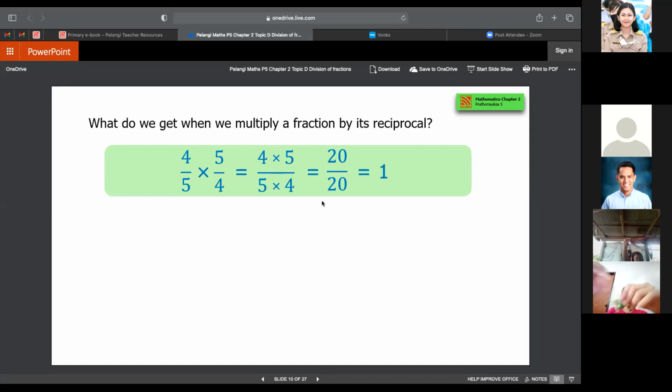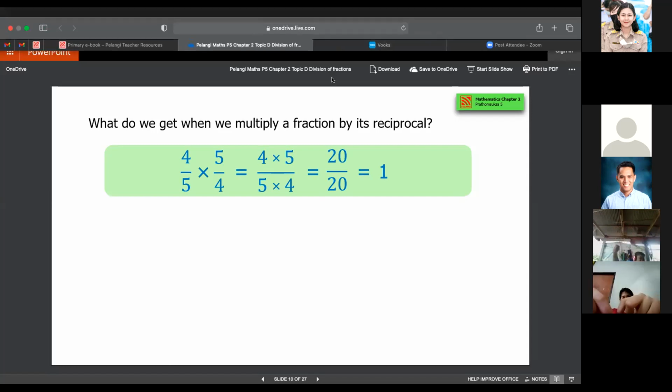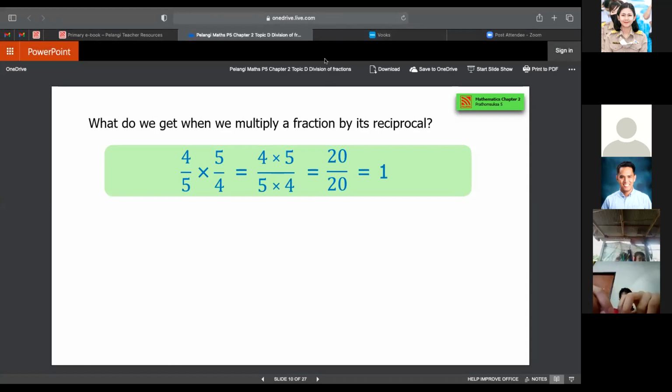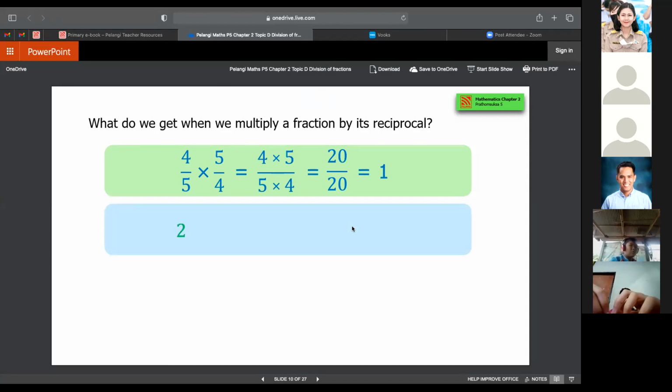When numerator and denominator are the same, it is equal to 1 whole. That is what happens when you multiply a fraction by its reciprocal. We have this one, 2 times 1/2. The reciprocal of 2 is 1/2. So the answer is 2 over 2, or 1 whole.